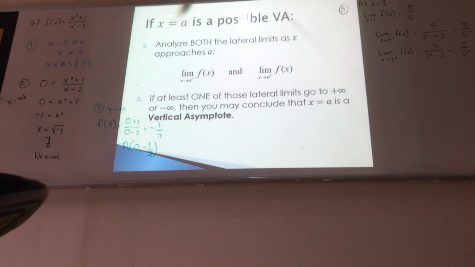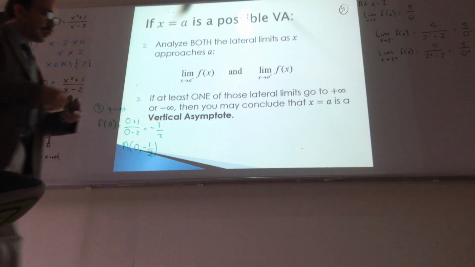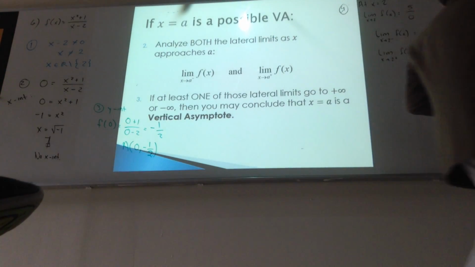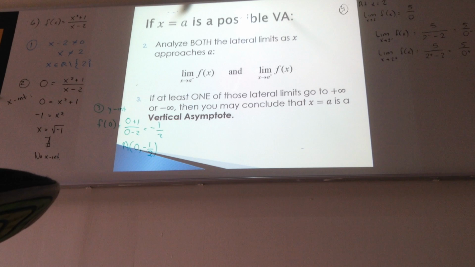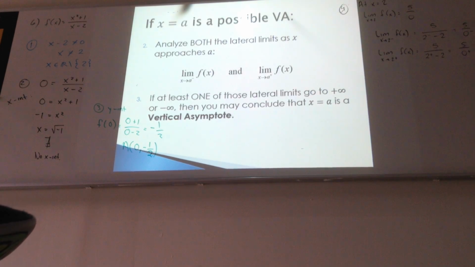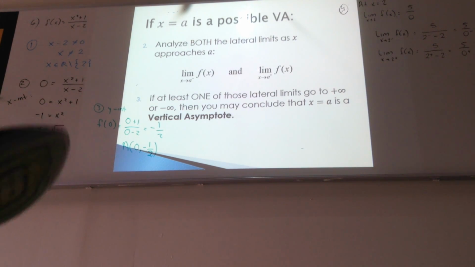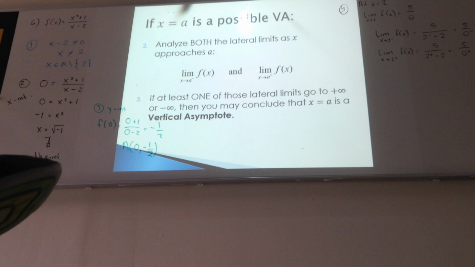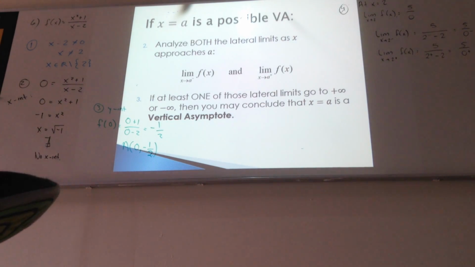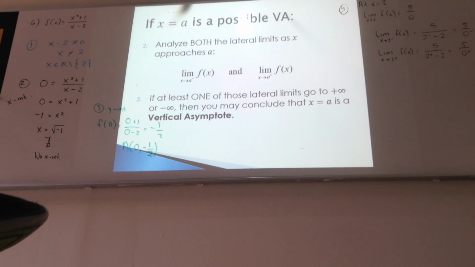So we have a vertical asymptote at x equal to 2. Not just 2, x equal to 2. If you just put 2, it's wrong. And if it's 0 over 0, it's a gap.